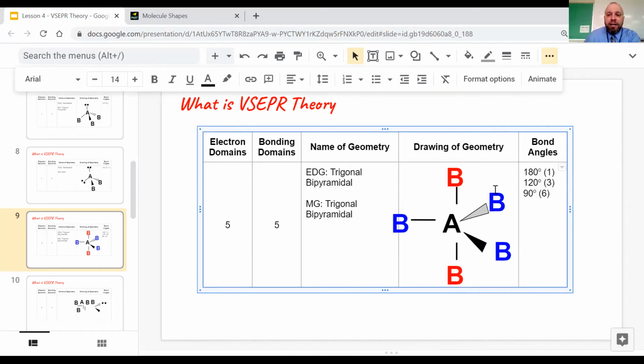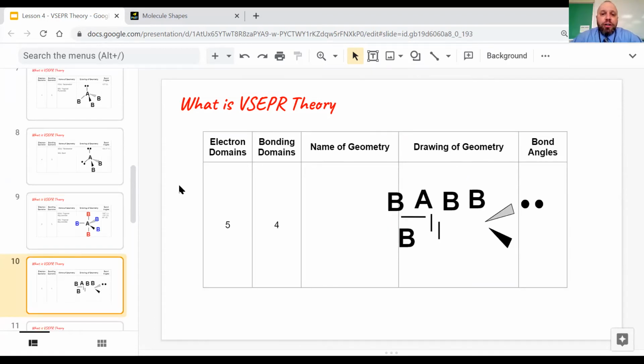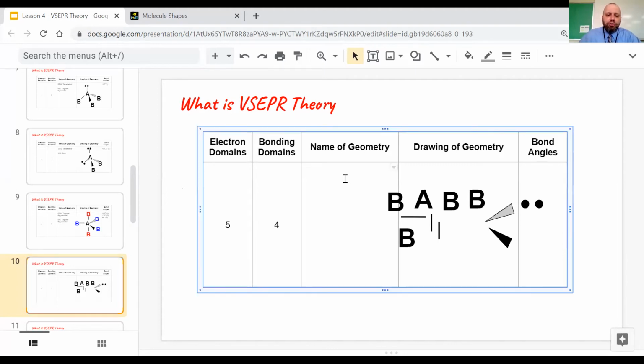So the 90-degree bond angle will form between the atom at the top here, and then each of the ones that are equatorial, that's 3. And then the same thing for the atom at the bottom, and each of the 3 that are equatorial, that's the other 3. Okay, in our next example, we're going to keep our electron domain geometry name the same. So that once again will be trigonal bipyramidal.